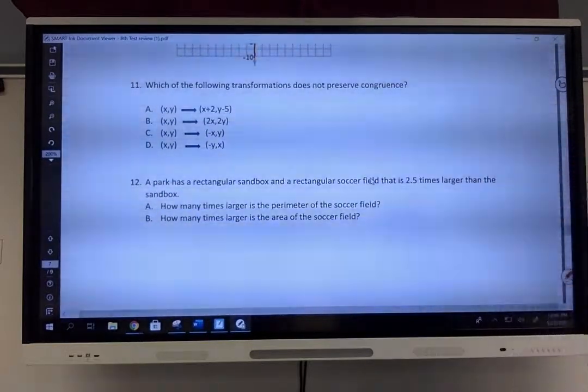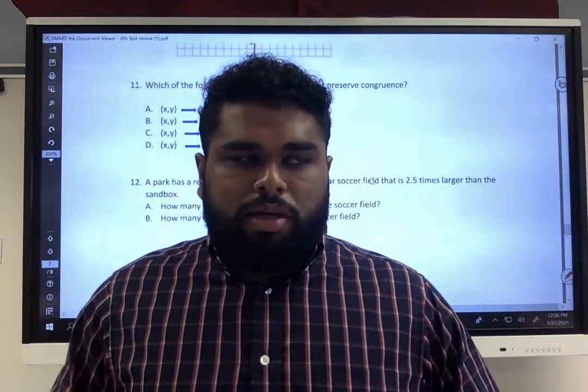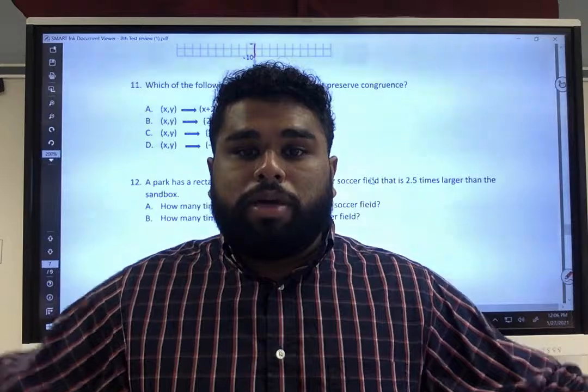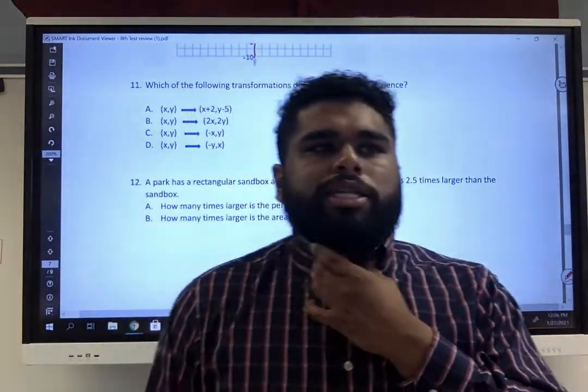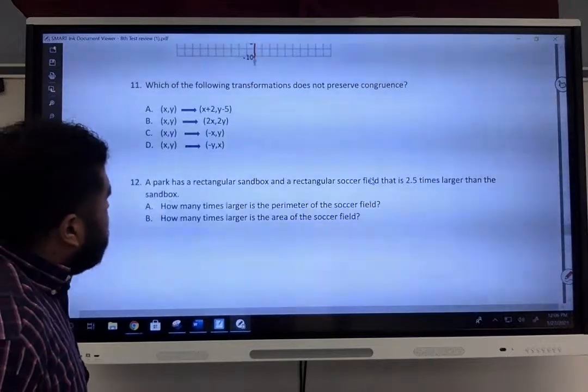So, which of the following transformations does not preserve congruence? And remember, congruence means staying the same. Let me think. It's staying the same size, pretty much, when you're dealing with shapes, right? So this first one, x plus 2 and y minus 5.